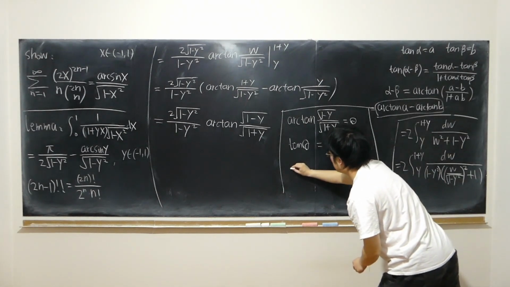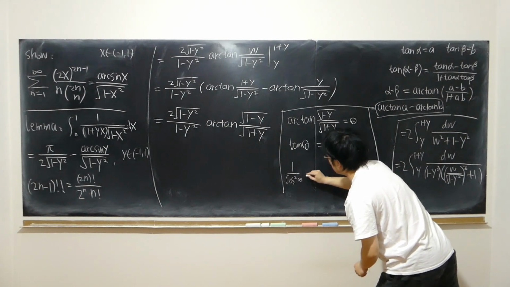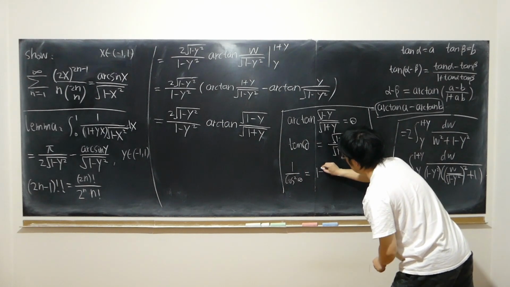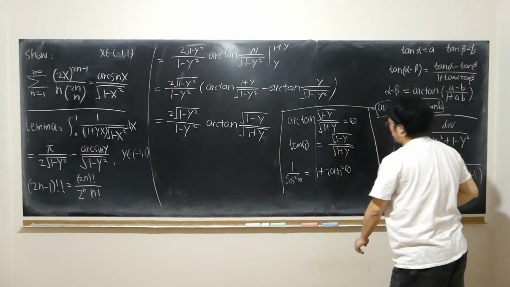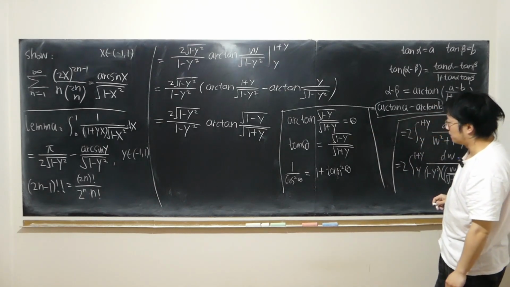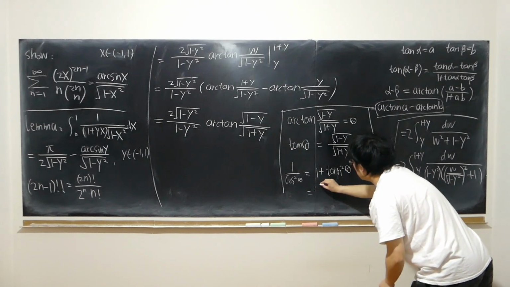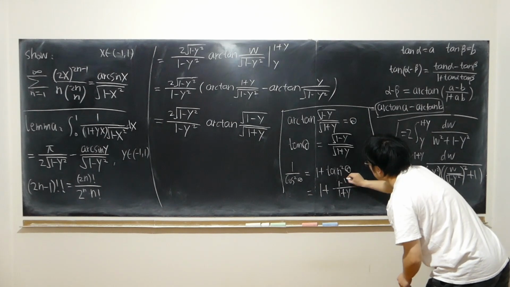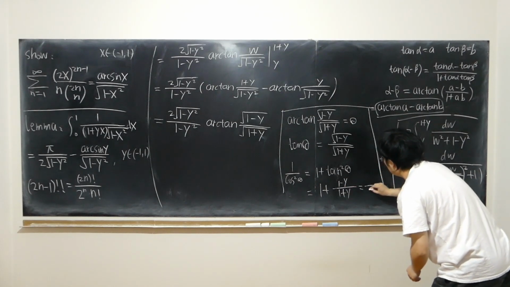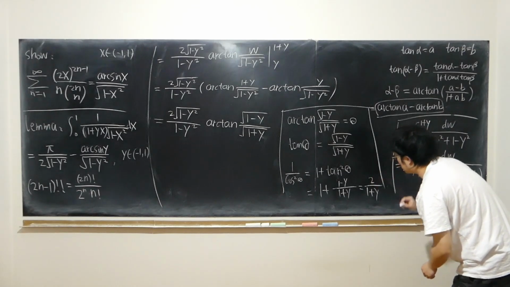Then I say 1 minus cosine theta, 1 plus tangent squared, and that's a standard formula, equal to 1 plus y over 1 minus y. Okay, that is equal to 1 plus y, and just 2.